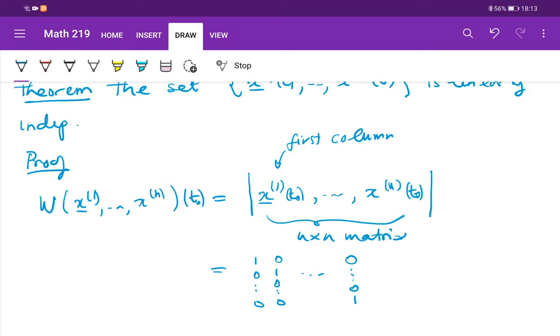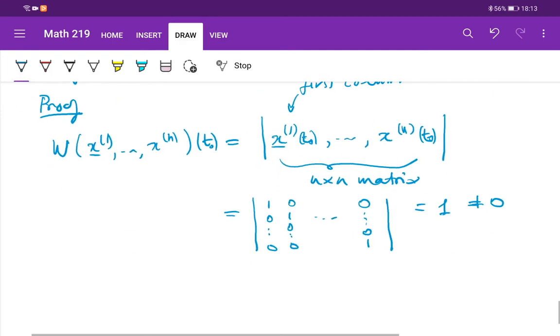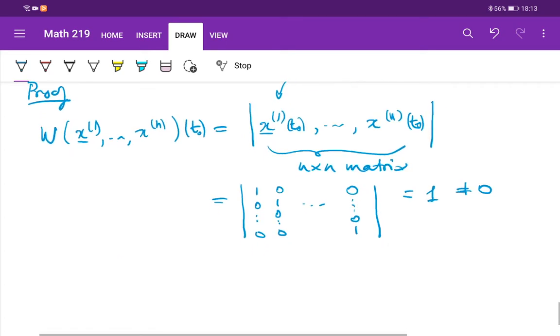So you can see that this is just the identity matrix, and its determinant is 1. This is in fact never 0. I mean, this doesn't depend on t at all. This is non-zero, and so the functions are linearly independent. So this is a linearly independent set.